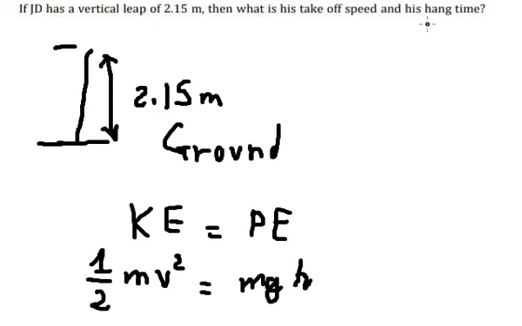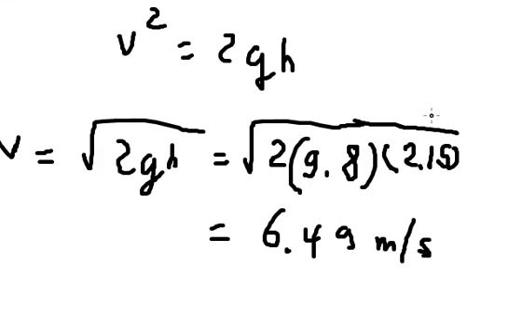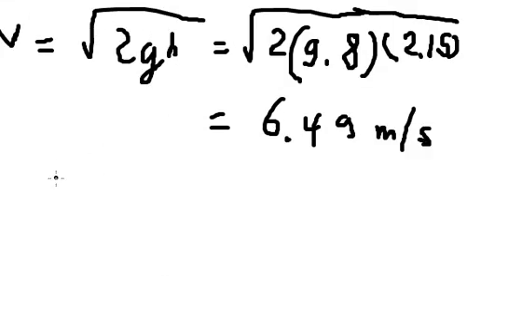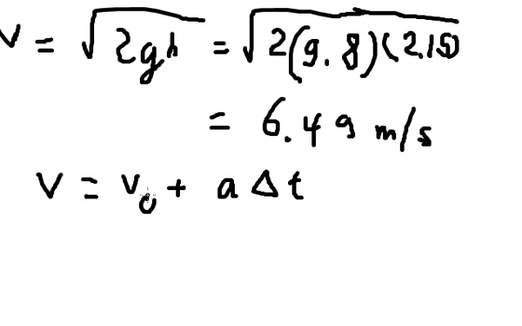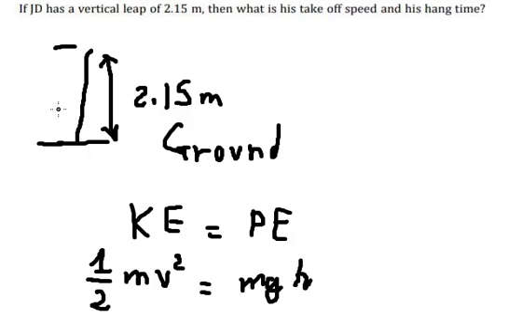The next one is time. To find the time, we can use this formula. When we go up, gravity is opposite to velocity.